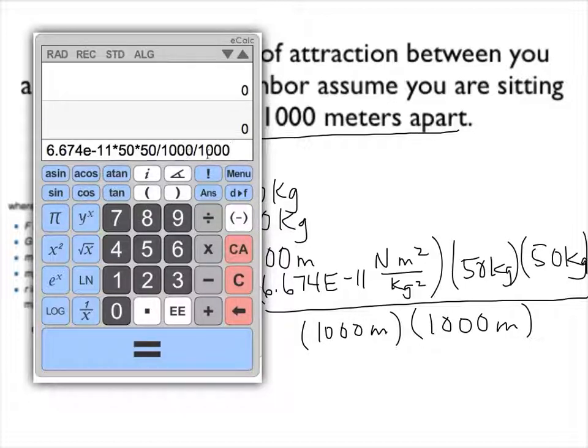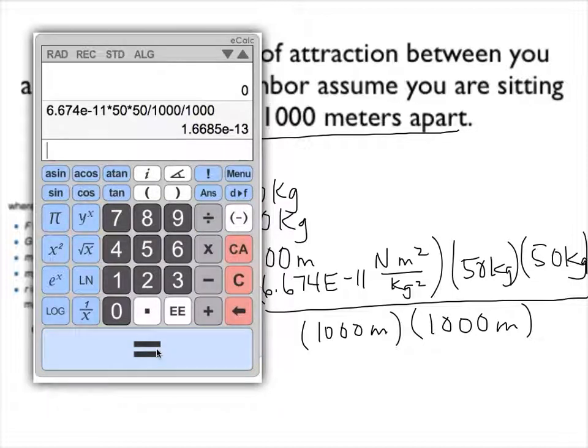But it really is just easy to divide by both of those numbers. And this equals 1.6685 EE negative 13. So the answer to our question now is that the force between me and my neighbor, now that we're 1,000 meters apart, is 1.67 times 10 to the negative 13 newtons.